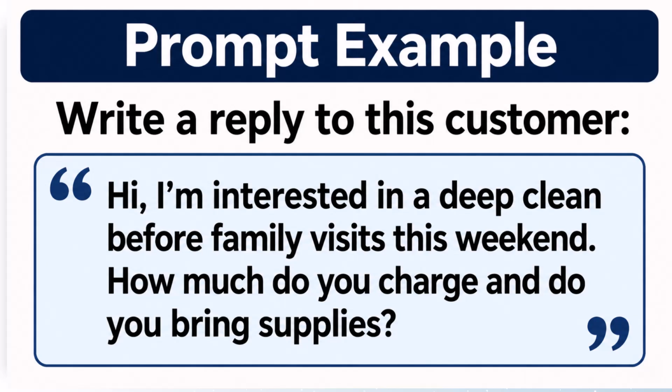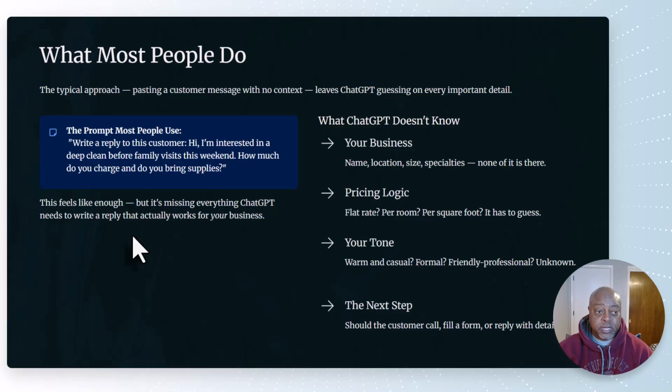How much do you charge and do you bring supplies?" What ChatGPT doesn't know is your business, your pricing logic, your tone, and your next step. I'll demonstrate this for you and you'll see what I mean.